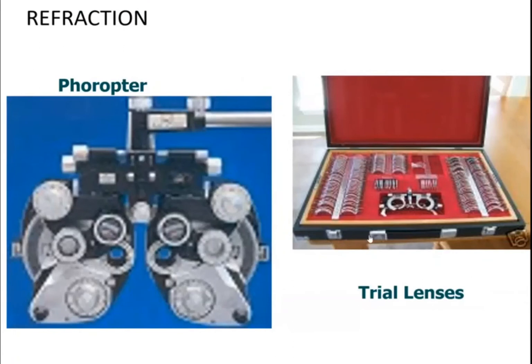In order to perform retinoscopy, you also need trial lenses or a phoropter to do it. So you need to use different power lenses to place in front of the patient's eye and swing that retinoscopy light across it to make sure that the light doesn't move with or against. So you need to combine the retinoscopy with the trial lens or the phoropter.